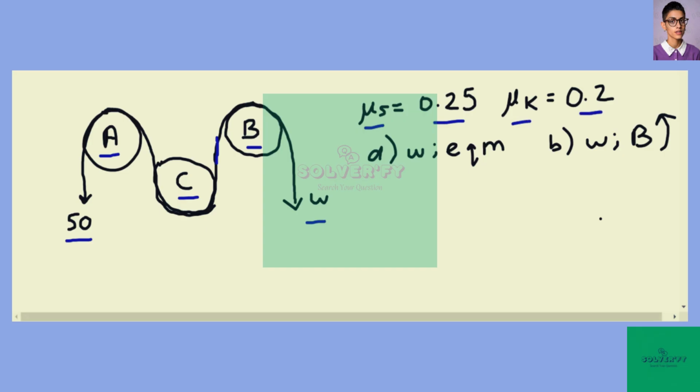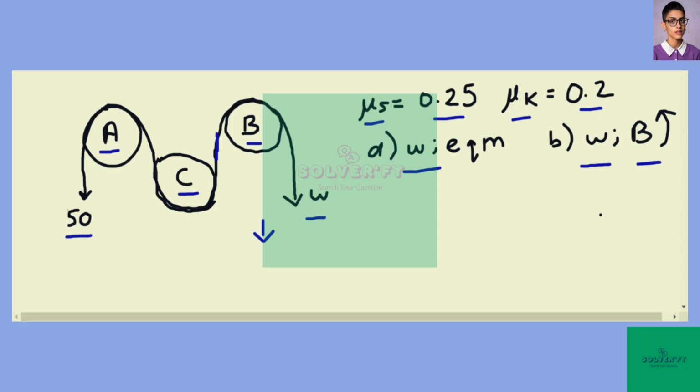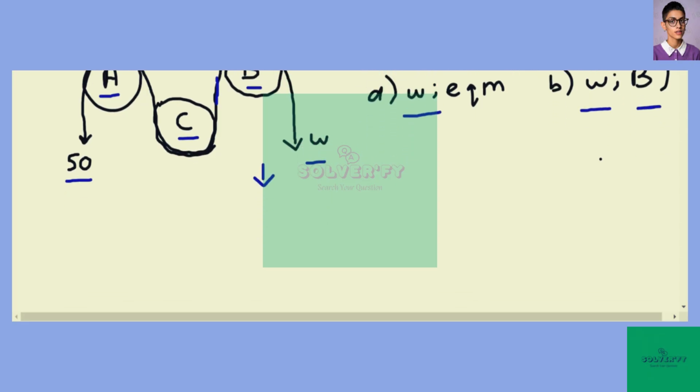And we're asked for 2 things. We're asked for the smallest weight W that maintains equilibrium, and the largest weight W that can be lifted if B is turned counterclockwise. So let's break this diagram down into our 3 free body diagrams involving the 3 pipes.